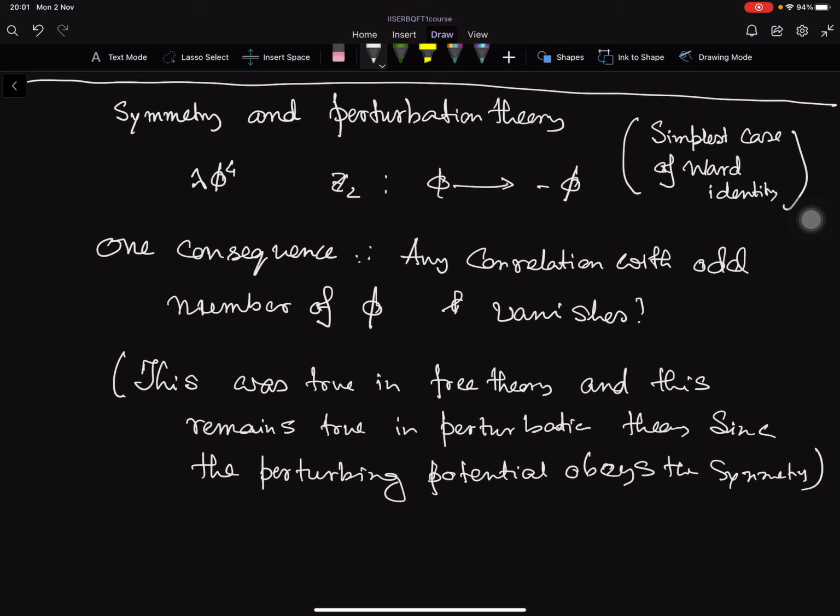So whenever the theory has a symmetry and the perturbing potential has a symmetry, then we will see that many correlation functions just become zero as a consequence of the symmetry. So we discussed a simple case due to a Z2 symmetry. Later we will see more general scenarios, and in the next lecture we will discuss 3+1 dimensions. This time we discussed 0+1 dimension.